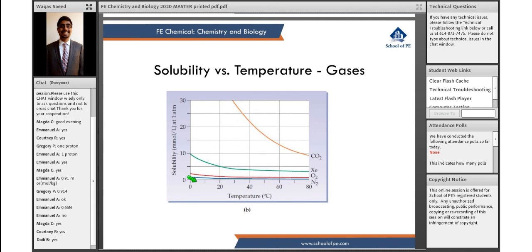Even these two, O2 and N2, they start off decreasing at the beginning, the solubility, and they eventually taper off here. So the general trend is as you increase temperature of gases, the solubility decreases.